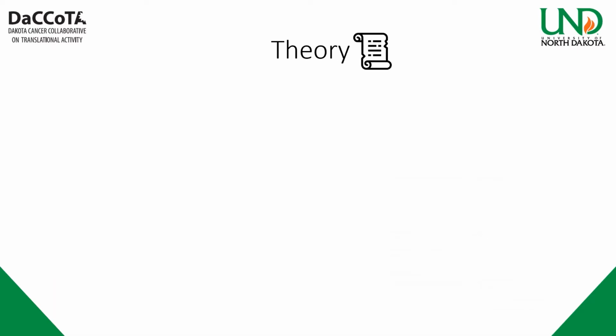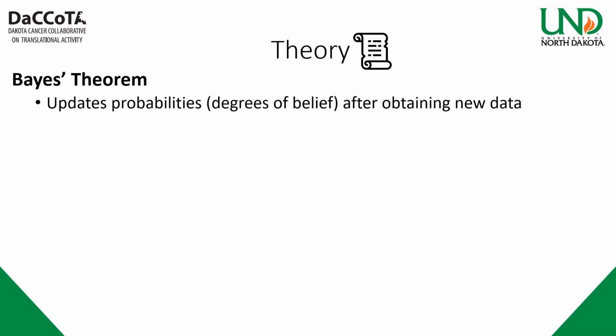So again, let's circle back a little bit to the theory. We talked about this already, but a concise summarization is updating probabilities, our degrees of belief, after obtaining new data. That's what Bayes theorems do. We have a certain understanding of, say, the number of birds in our backyard and the number of trees in our backyard.